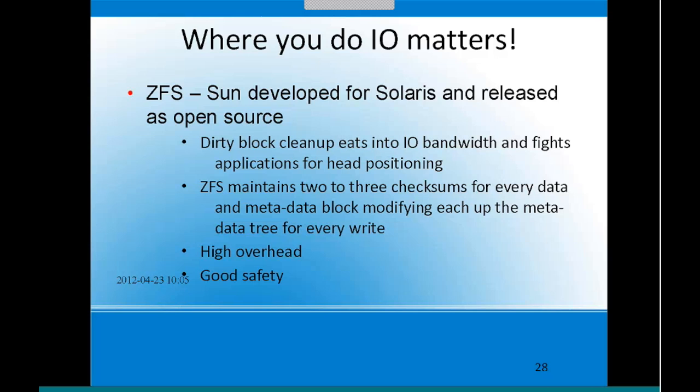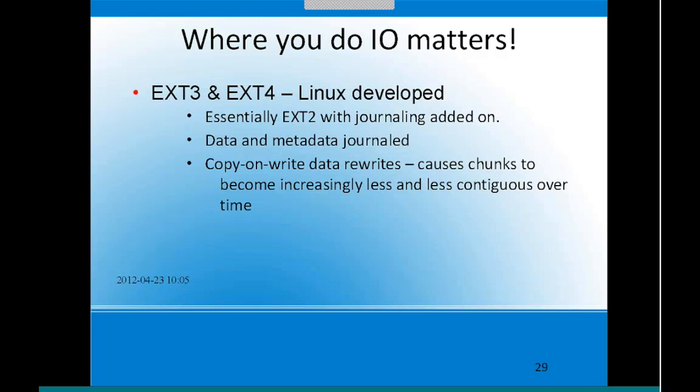journal file system. Ext3 and Ext4 are the newer Linux file systems that replaced Ext2. They journal both data and metadata. They are copy on write, similar to ZFS, and that causes your files to become less contiguous and more fragmented over time.